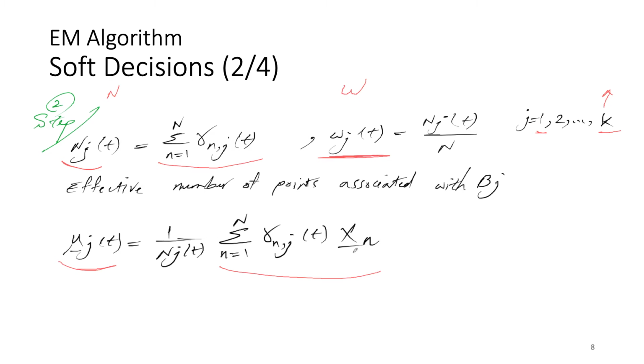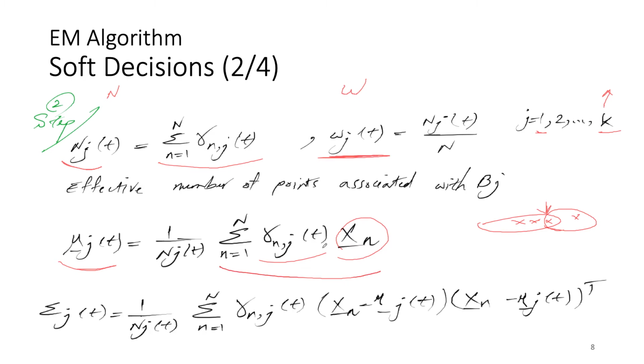The x's and the fraction of x's belonging to bj at iteration t. So we need to do the mean this way now, because at some point some of the x's are here, right, instead of being there. So you need to take this into account as well, using this.